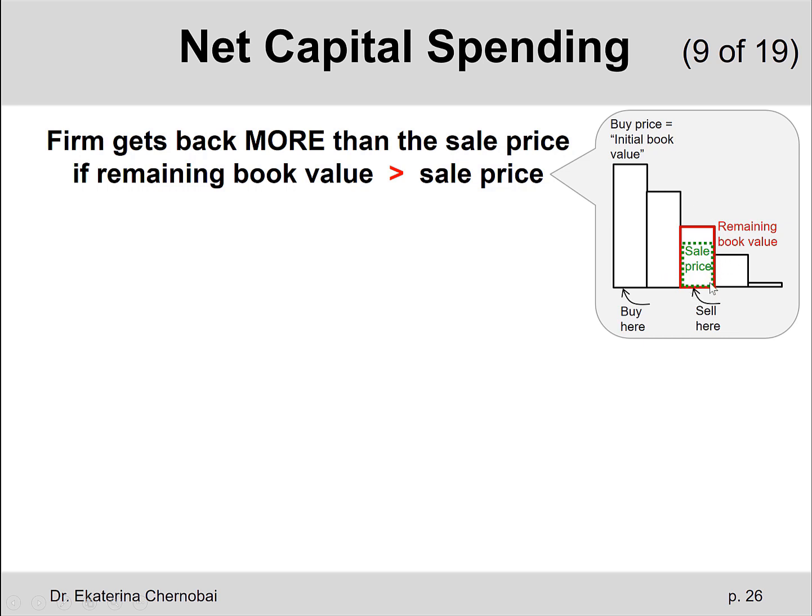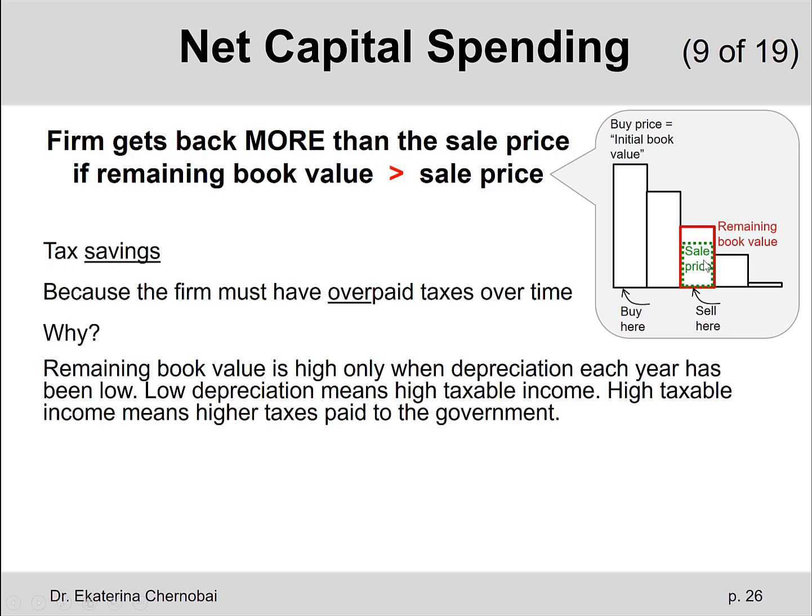So if at the time of sale the remaining book value is above the sale price, this is the situation in which you are going to be looking at tax savings or a tax refund to you from the IRS. Why? Because you're getting a tax refund because you have been overpaying taxes over time.